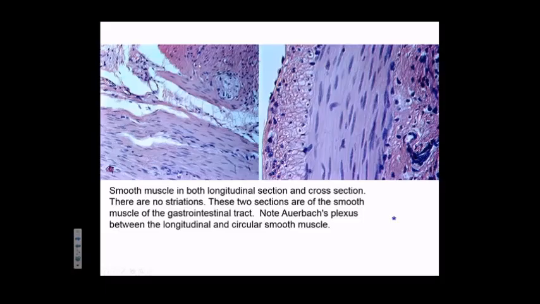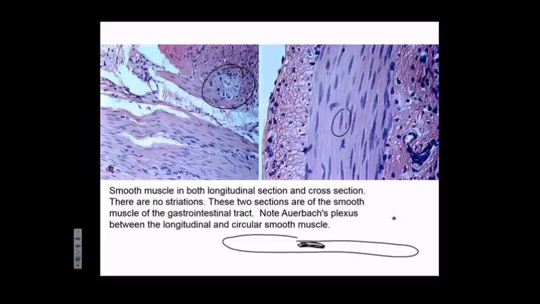Okay, so here's some smooth muscle. Who cares? But the bottom line is, here is Auerbach's plexus, which is parasympathetic ganglion, in between smooth muscle and the digestive tract. Smooth muscle is shaped like this with a nucleus in it, and that's why the nucleus looks like this.